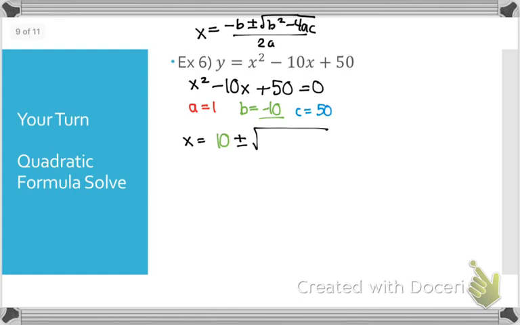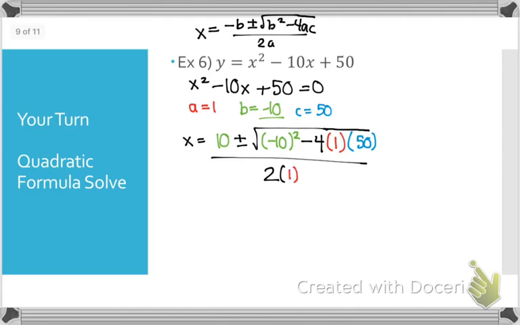So in this case, we got negative 10 quantity squared, minus 4 multiplied by a, which is 1, and multiplied by c, which is 50, all divided by 2 multiplied by the a value.